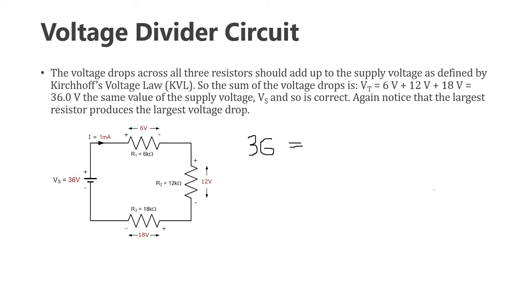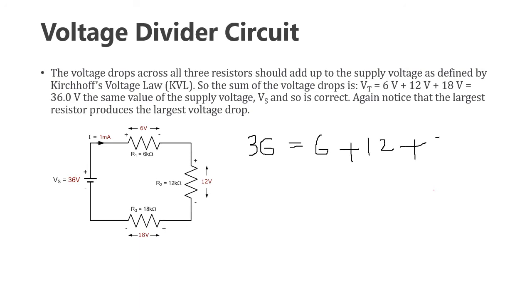The voltage drop across resistor R1 is 6 volts. The voltage drop across resistor R2 is 12 volts, and the voltage drop across resistor R3 is 18 volts. So we can write 36 equals 6 plus 12 plus 18.